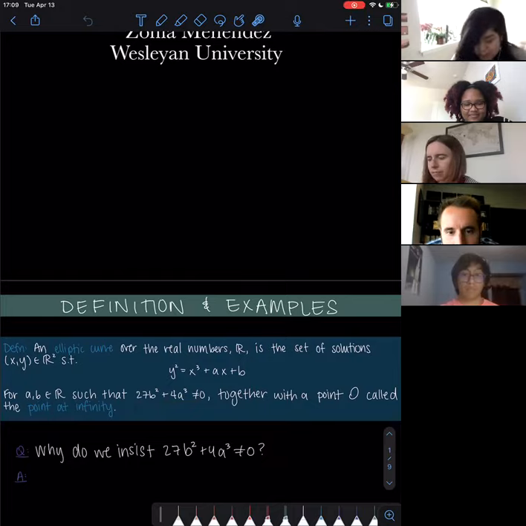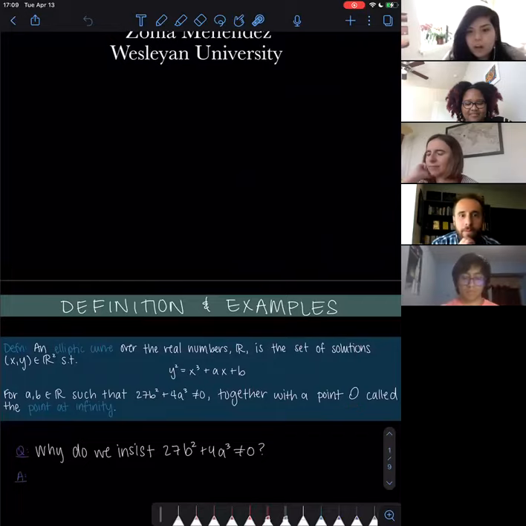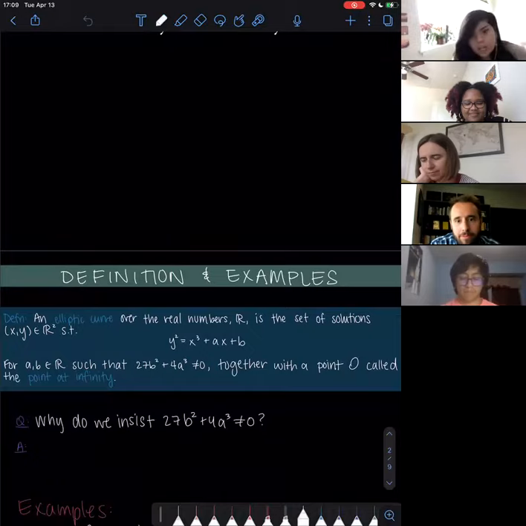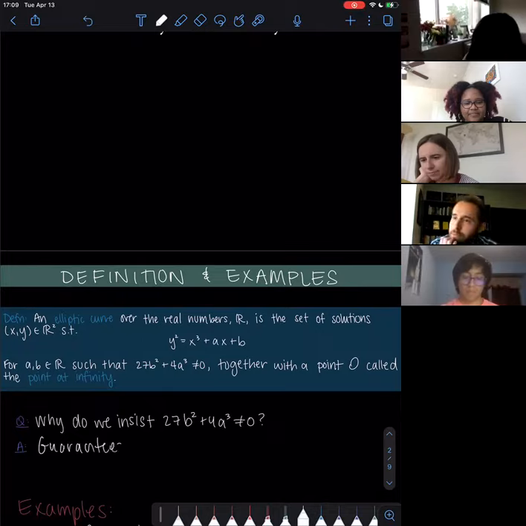And we'll talk about this, as you can see with my prompted question below, as well as a point that we call the point at infinity, and I'll denote it as this big O here. And so we want to talk about why we insist that this 27b squared plus 4a cubed not equal 0. The whole point is that it guarantees that we have no repeated roots. So let me write that down.